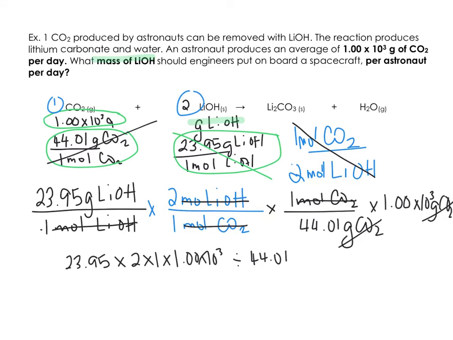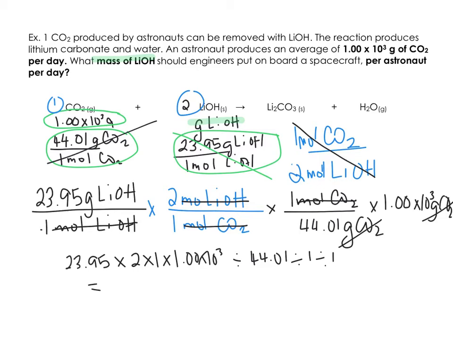I didn't show the divide by 1 for the first ones, because any number divided by 1 is the same number. So we multiply every number on the top in your calculator and then divide by any number on the bottom, and you've got your answer. It seems like a lot of work, but it's actually going to go faster once you get the hang of it.